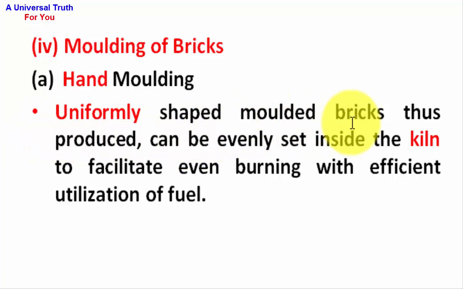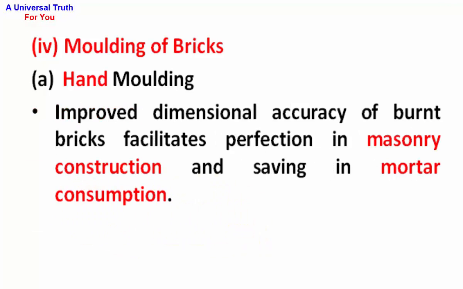Uniformly shaped molded bricks, thus produced, can be evenly set inside the kiln to facilitate even burning with efficient utilization of fuel. Improved dimensional accuracy of burnt bricks facilitates perfection in masonry construction and saving in mortar consumption.